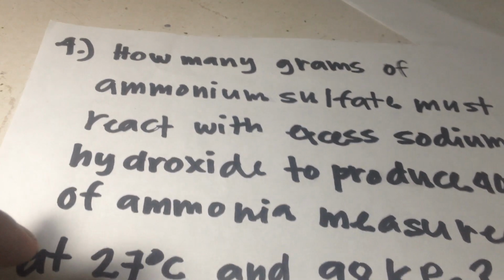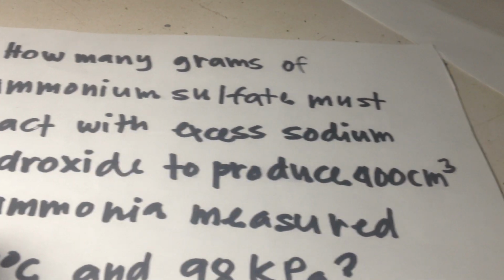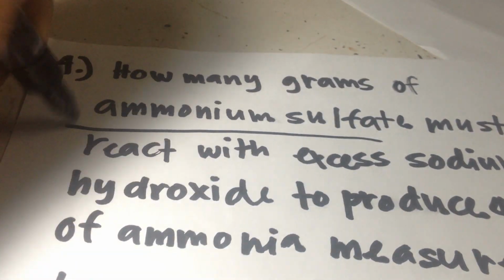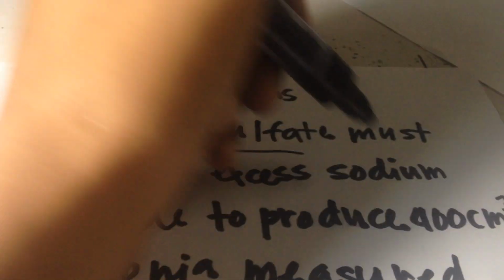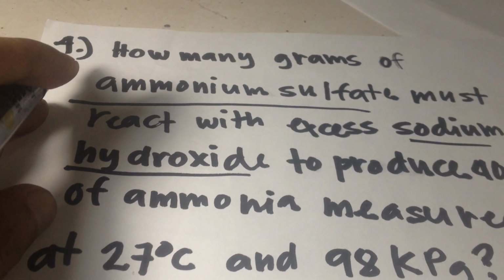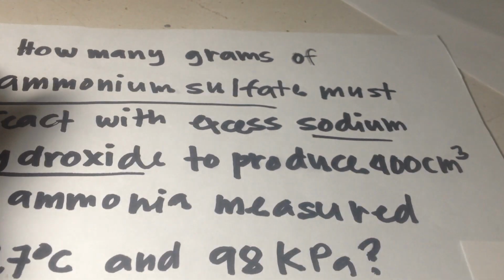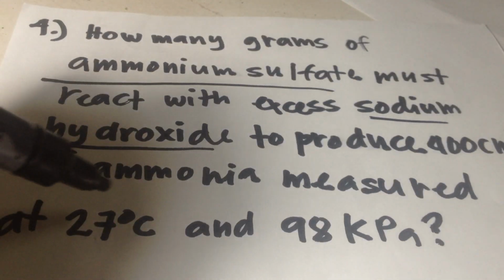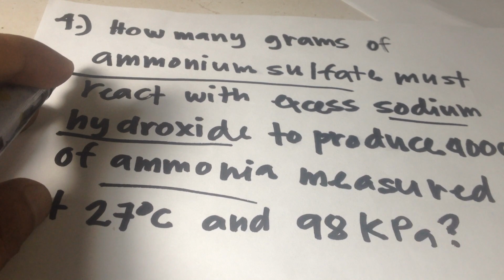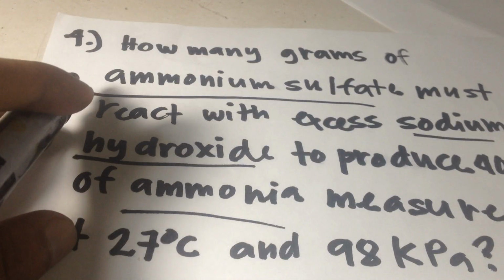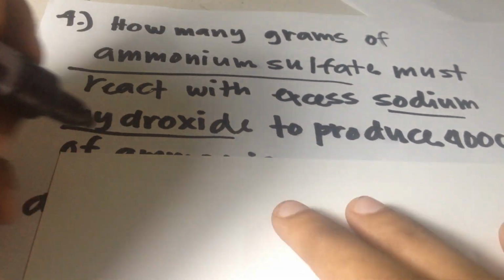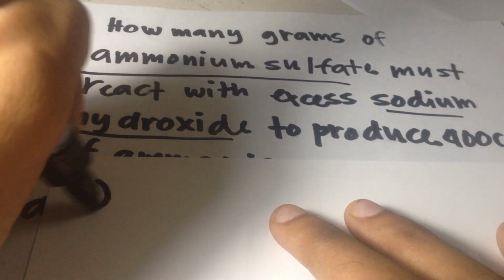So ammonium sulfate here reacts with excess sodium hydroxide to produce ammonia, so let's balance the equation again.